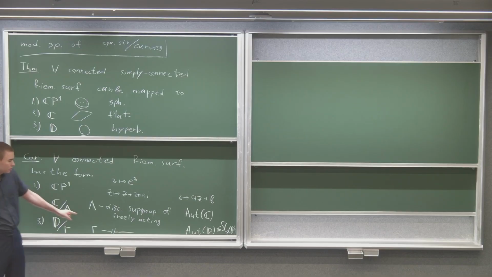And if lambda is generated by two translations, so a lattice, that's more interesting. That will be an elliptic curve, or topologically a torus. We'll say that for the compact case, this is just a sphere, it has genus 0.